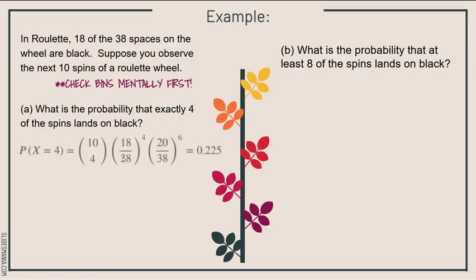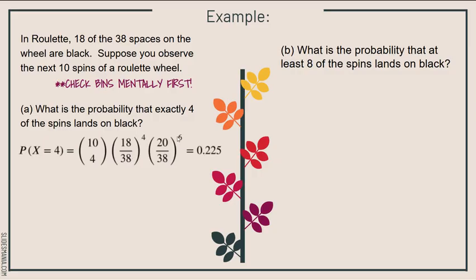All right, so here is for exactly 4 spins. So we use that formula. It's P of X equals 4. Exactly 4 spins are going to land on black. We're going to do 10 choose 4. And then this 18 out of 38 comes from how many are black, to the 4th, because I want to get 4 of those. Then I need to find not black, so it'd be 20 out of 38 because you subtract, to the 6th power because we're doing 10 spins.